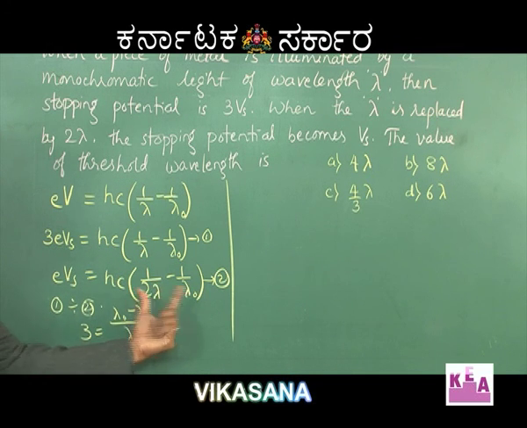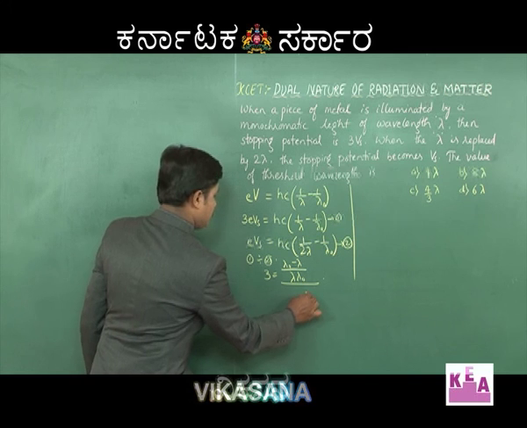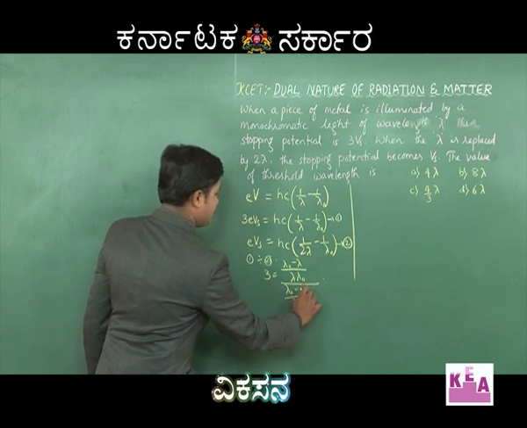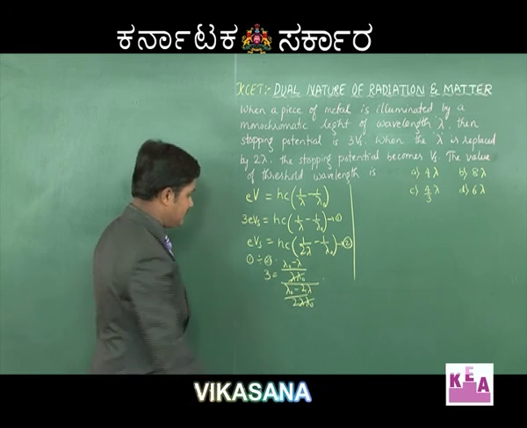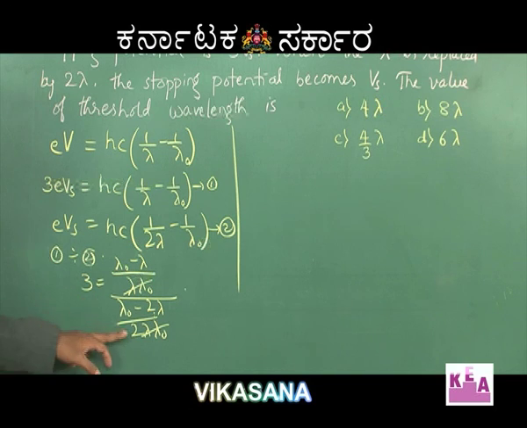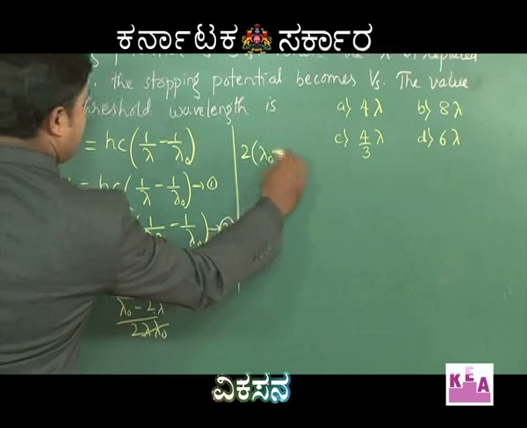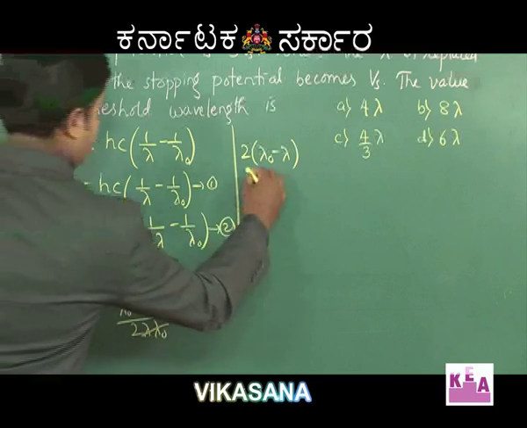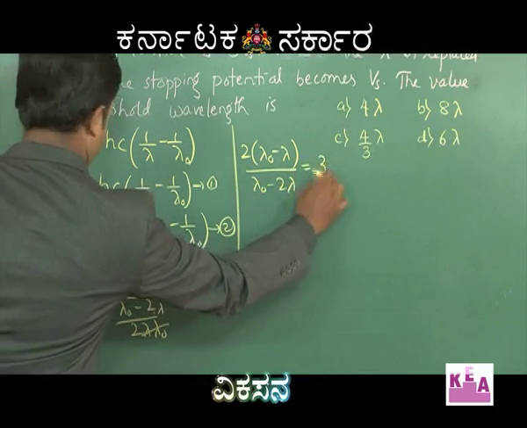In the denominator I have 2 lambda into lambda naught, and in the numerator I have lambda naught minus 2 lambda. So, lambda naught gets cancelled. Look at this carefully, 2 goes to the numerator. So, 2 into lambda naught minus lambda divided by lambda naught minus 2 lambda is 3.